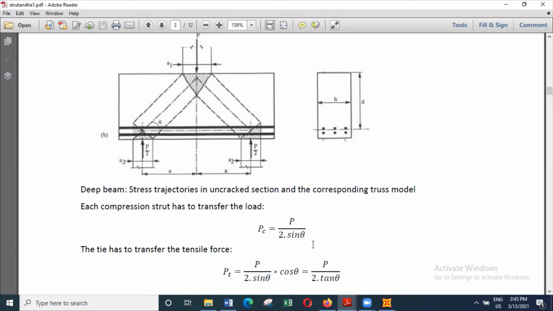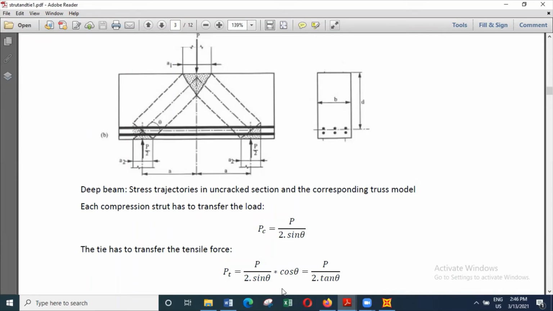So in that case, we can say the load in the ties will be equal to P by 2 divided by tan theta.